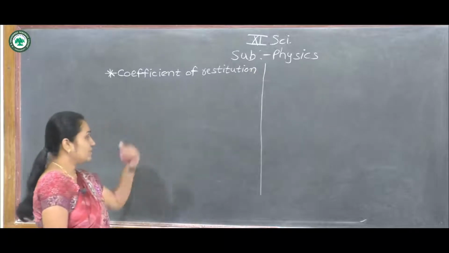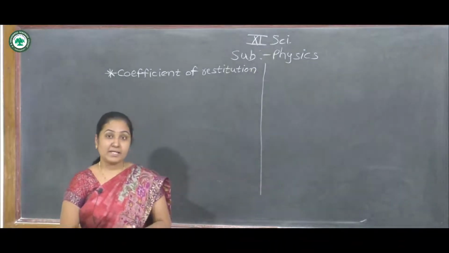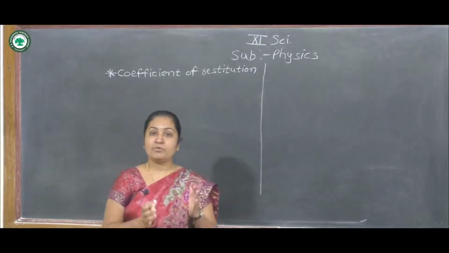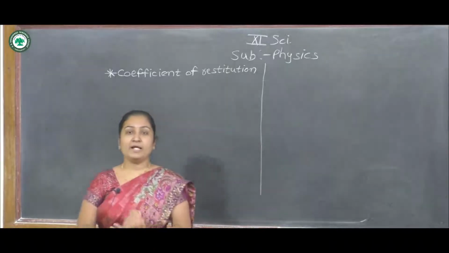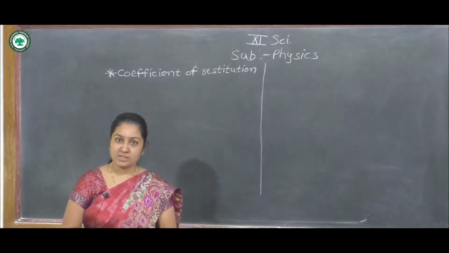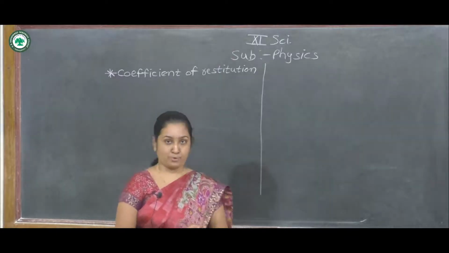This coefficient of restitution is defined as the negative of the ratio of the relative velocity of separation to the relative velocity of approach.